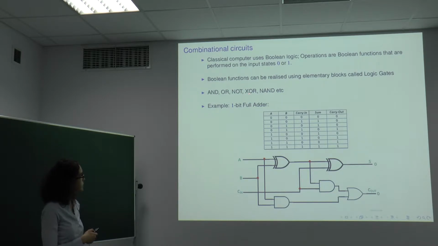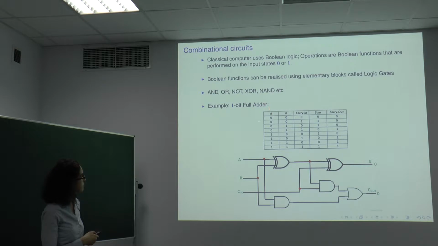For example, let us consider the operation called the 1-bit full adder, which adds 2 bits, taking into account the so-called carry-in bit, which comes from adding bits at the previous stage with smaller significance.